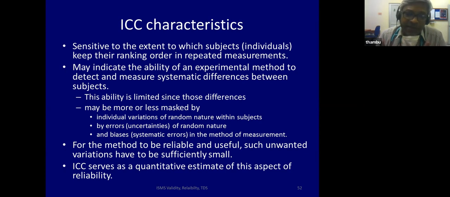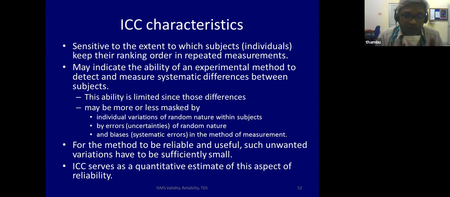Then there are systematic errors in the measurement. Maybe this weighing scale keeps showing lower and lower weight as the day progresses because of some particular problem. Or in BP measurement using mercury, the mercury level kept on falling in the BP apparatus. So there was a systematic change in the BP measure.